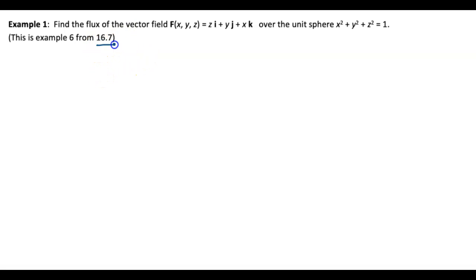In section 16.7, we know that flux is that double integral over the surface of the dot product of f and dS, which means that this is really equal to the double integral over that area, which we can call that region R, of f dot the normal vector, which in this case is just going to be the derivative of r with respect to u, cross the derivative of r with respect to v, again over that area, and this is what we found in section 16.7.